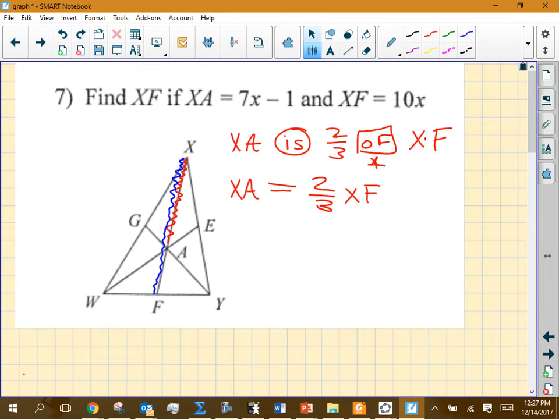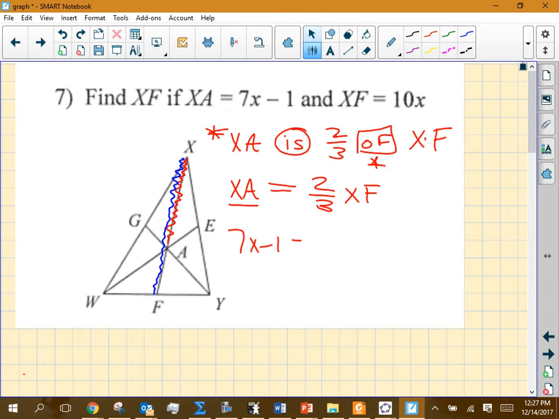But I think this is a great skill to have, because there are going to be other ratios, other properties and theorems that we talk about throughout the rest of the year and in other courses, where it's a good idea to be able to take those English phrases and convert them over to algebraic equations or expressions. The shortcut of saying that 2/3 always goes on the median, well, what if we're not talking about medians anymore? Does that make sense?